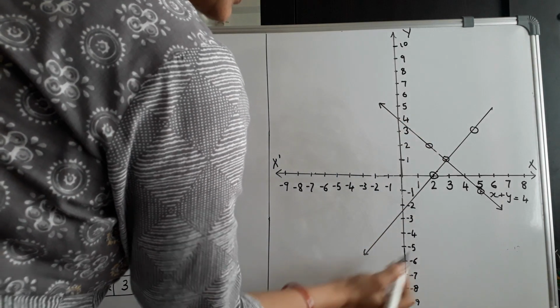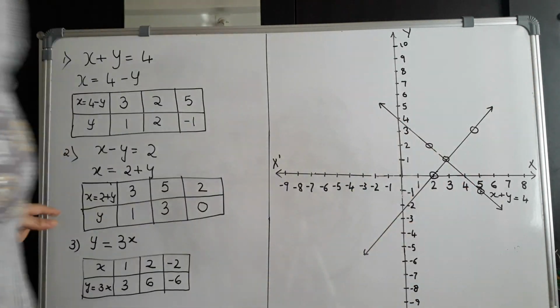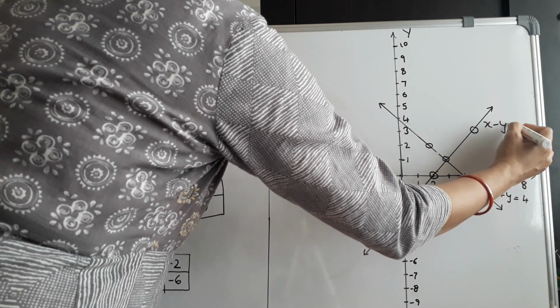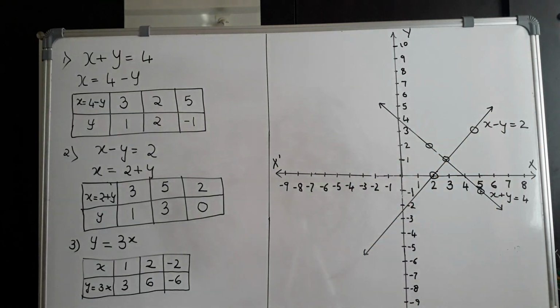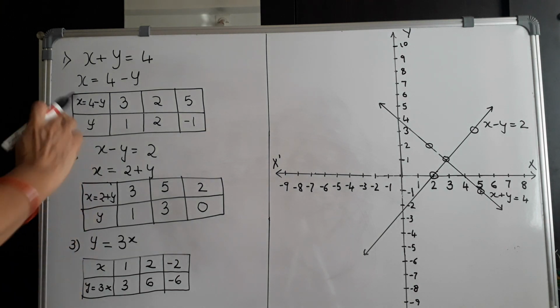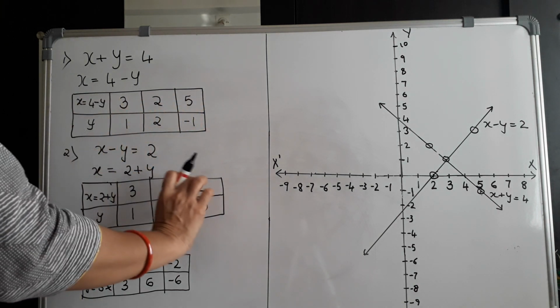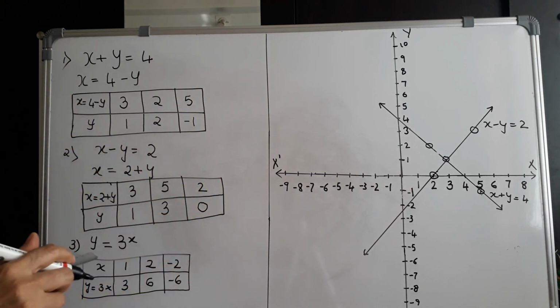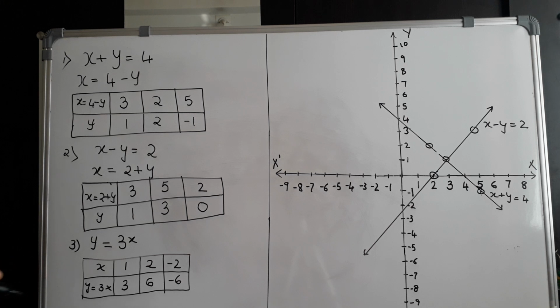So this is the graph of the second equation, x minus y equal to 2. So you see, after plotting each equation's points, we have to first join them. Otherwise you get confused.